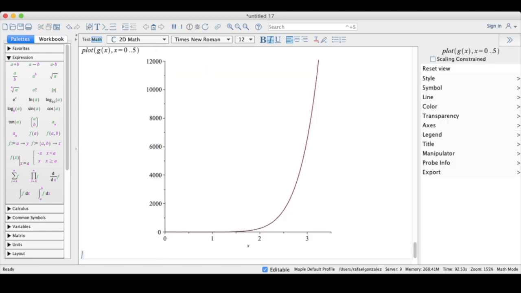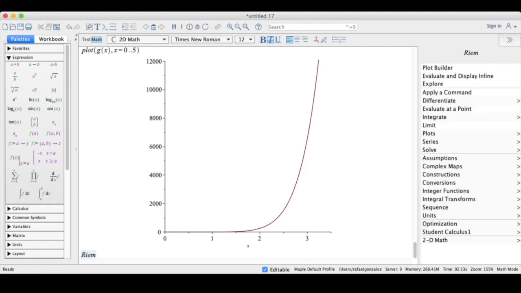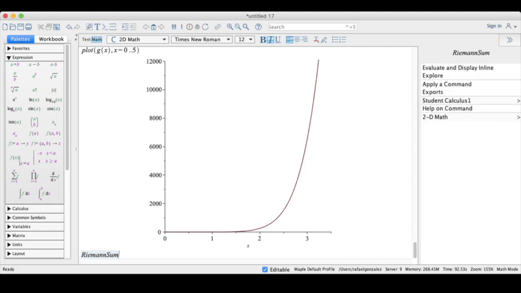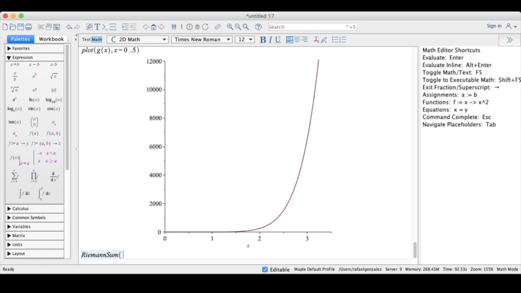All right. So again, we're going to use the Riemann Sum command. So we're going to use Riemann Sum, and we're going to go g of x from x equals 0 to 5.